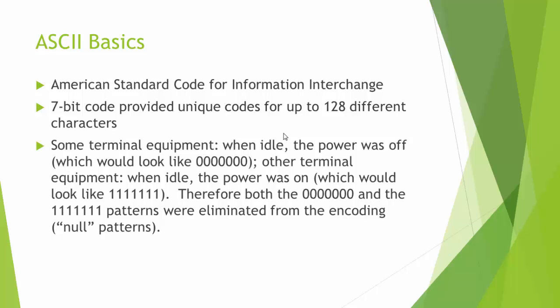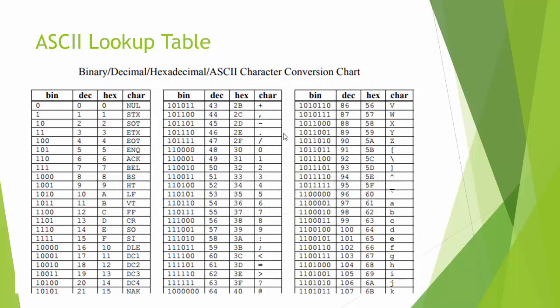Now, in fact, some equipment had already reserved the 7-bit 0, or the 128. So 0 and 128, they considered those to be forbidden. So they were able to do 126 different characters.